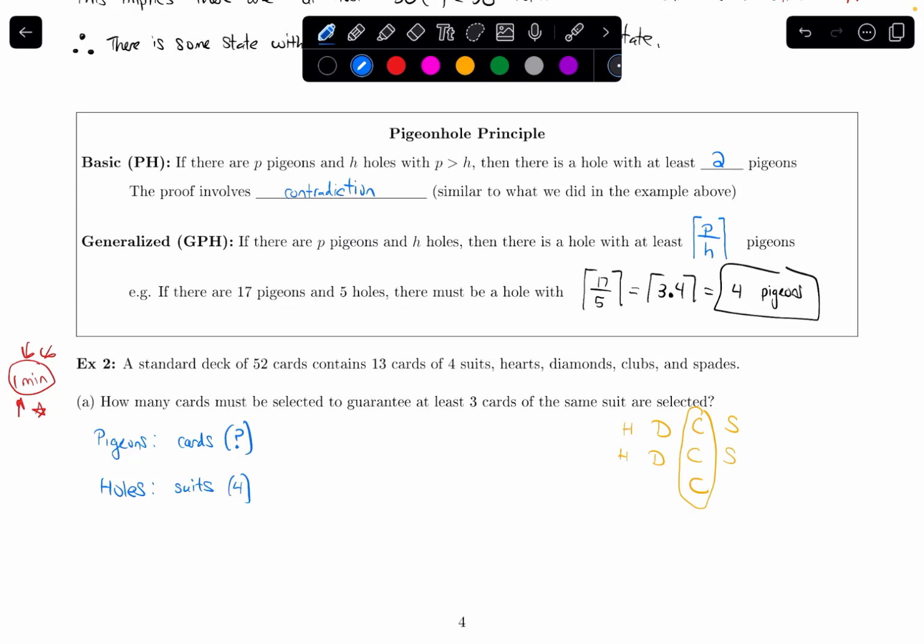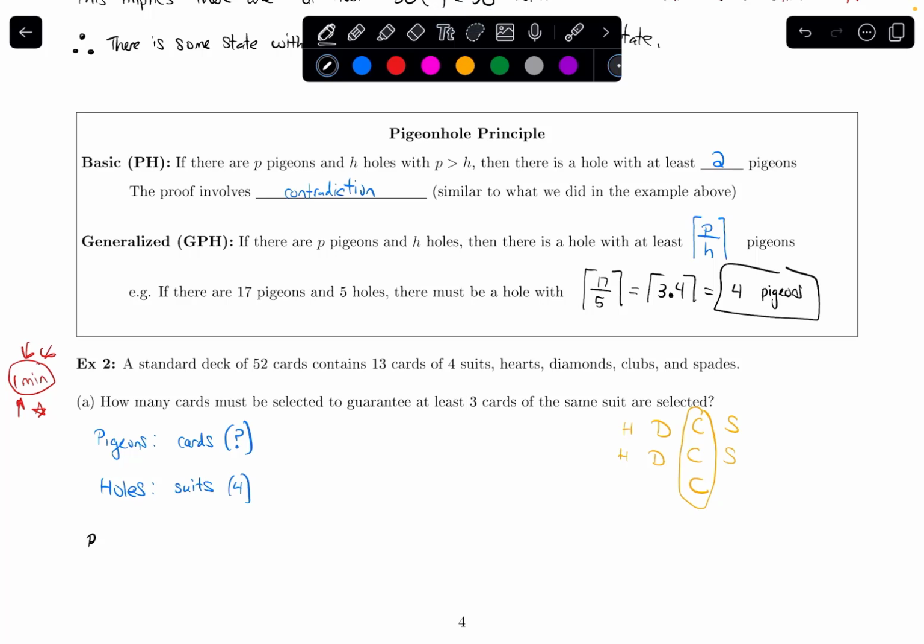If I use the generalized pigeonhole principle, and I know I want the generalized one because the basic pigeonhole principle just says if you have more pigeons than holes, there's got to be some hole with at least 2 pigeons. But anytime I'm trying to show something slightly different, like here I'm trying to show that there's at least 3 of something, we use the generalized version.